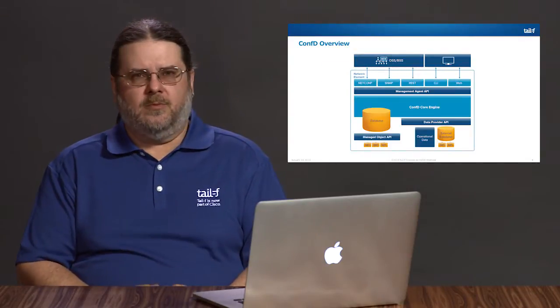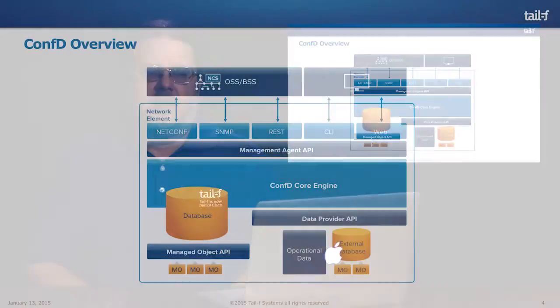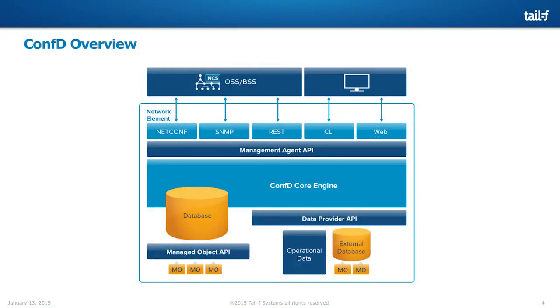So first off, we'll start with what I call the 50,000-foot view of ConfD. At the center is the core engine. This is really the heart of ConfD. This is where we'll end up seeing transactions, AAA support, validation, etc., with much more detail on a later slide.